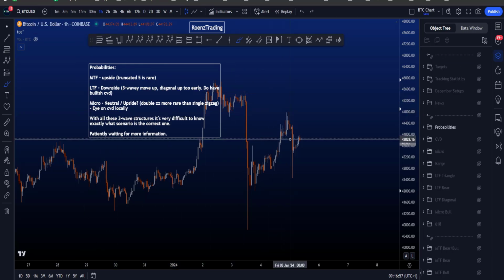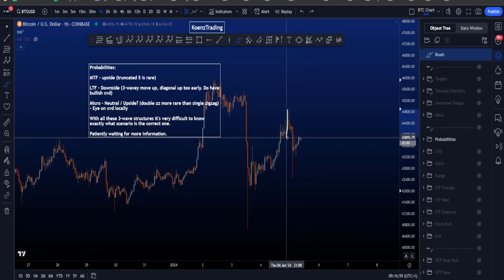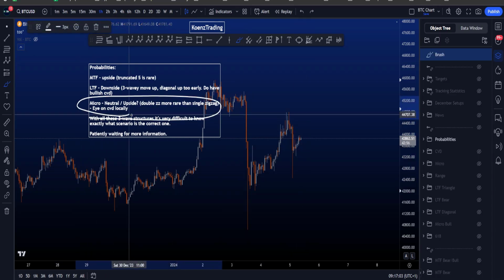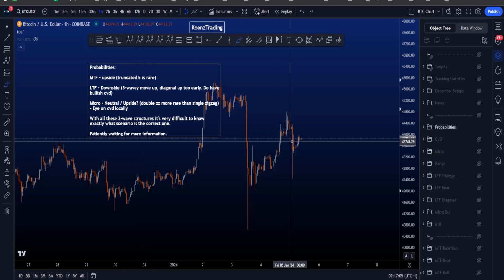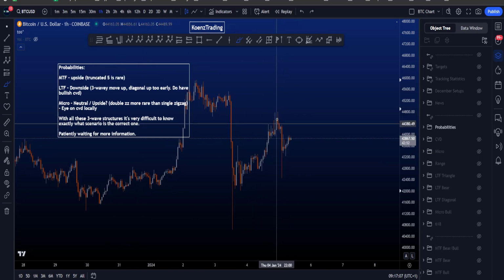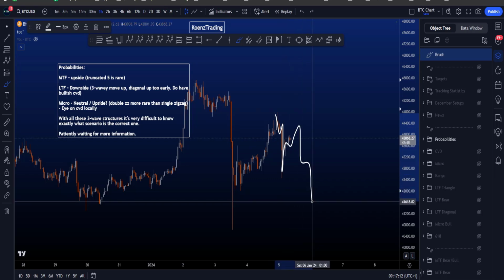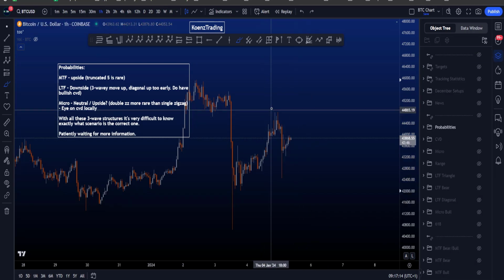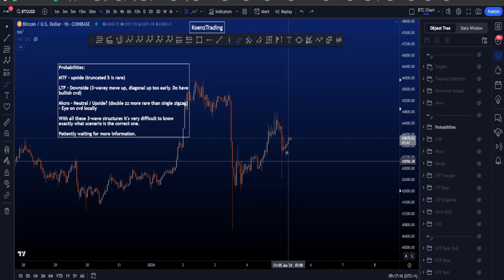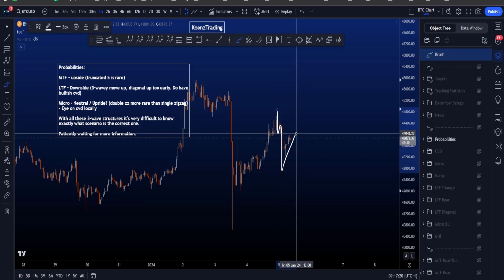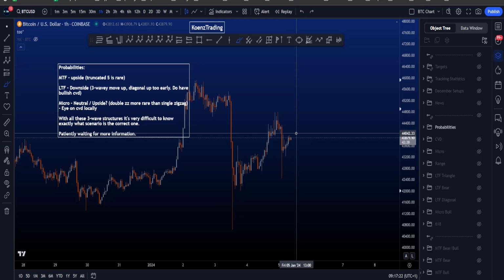On the micro over here, more locally, the move to the downside looks like a 3-wave structure, so I have the probability set on neutral / upside question mark, because a double zigzag to the downside in a potential ABC correction has lower probabilities than a single zigzag to the downside, and a potential double 1-2 here, 1-2-1-2, does not have the highest probabilities here at the moment.